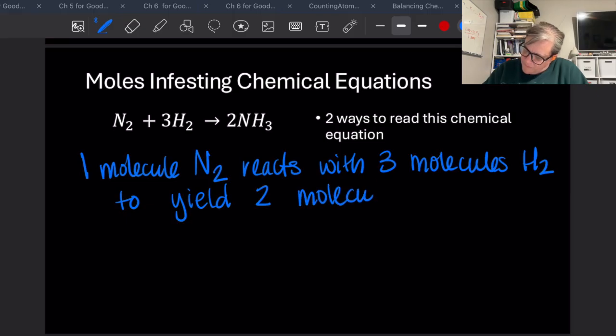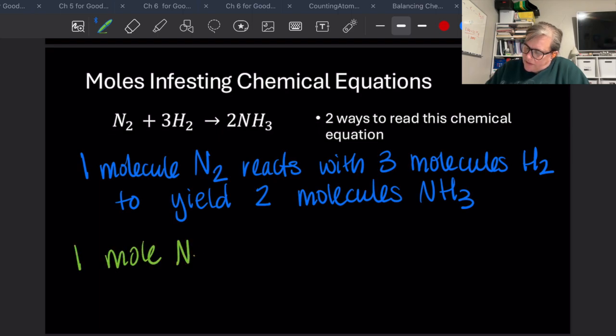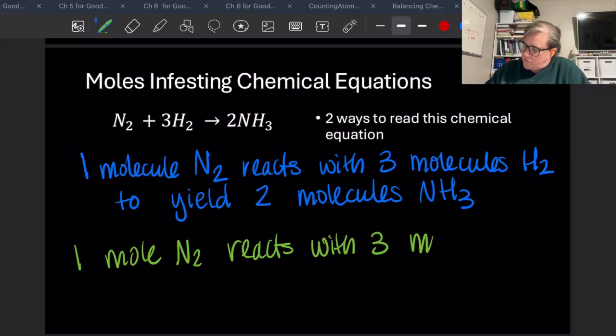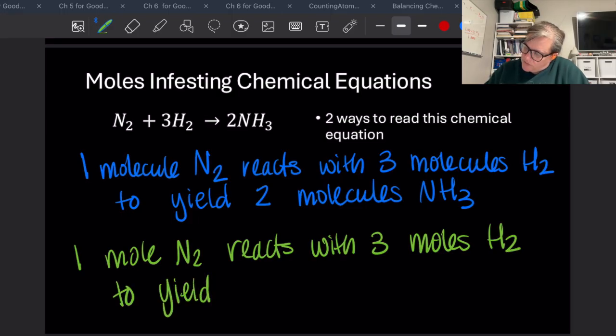Another way that we can read that, using what we've just learned, is 1 mole of N2 reacts with 3 moles of H2 to yield, or to produce, 2 moles of NH3.